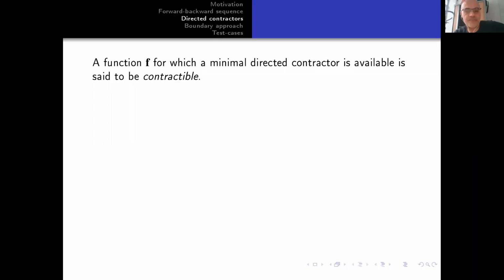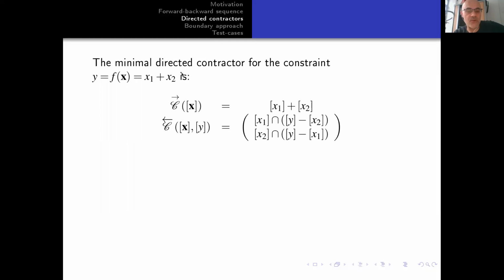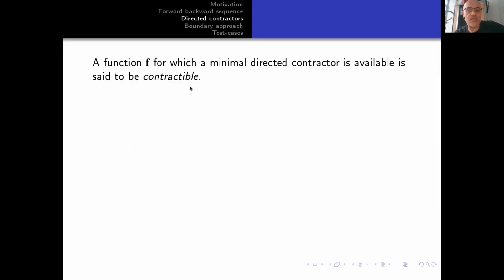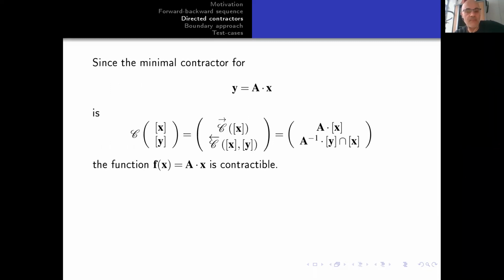A function for which we have a minimal directed contractor is said to be contractible. So for instance, this function f, the sum, is contractible. It is probably a term, I don't know if there is another term for this, but I will give you an example which corresponds to a linear equality.